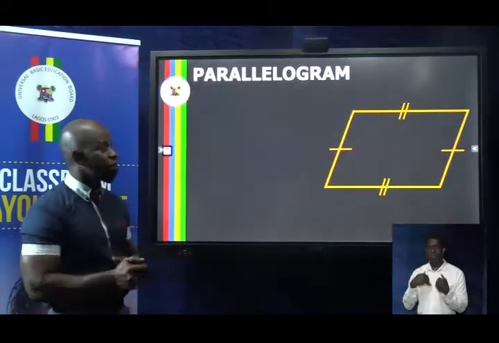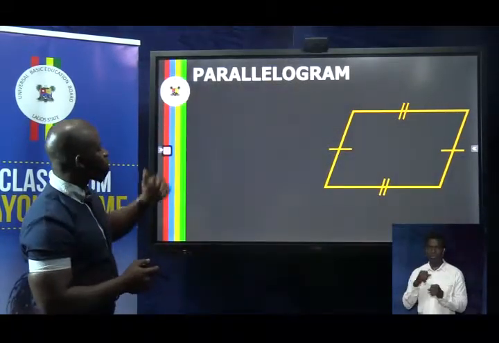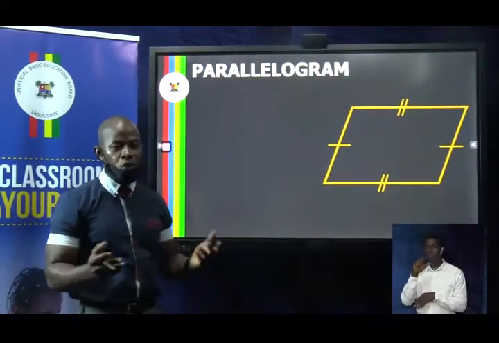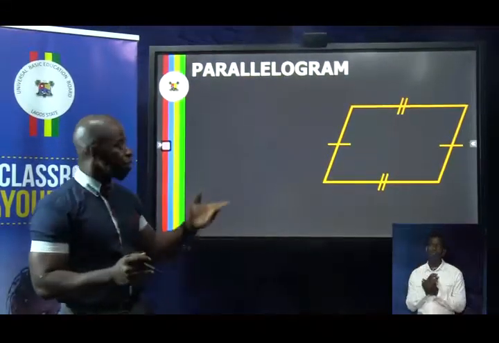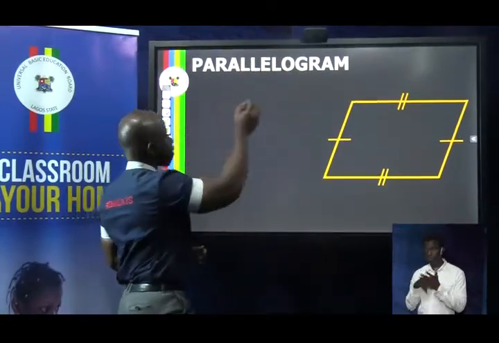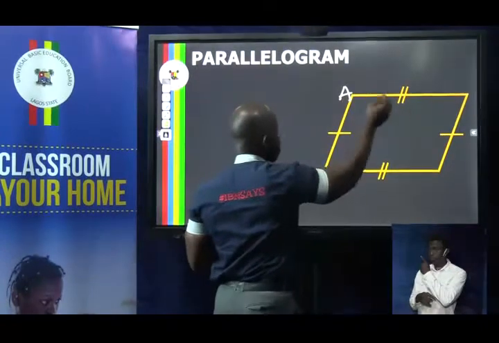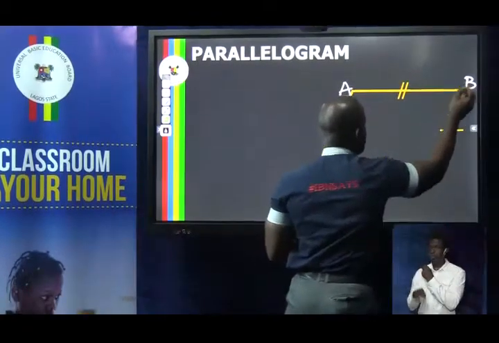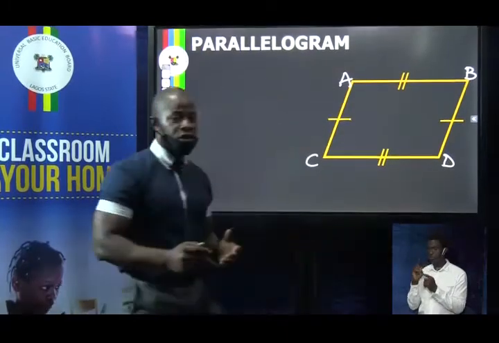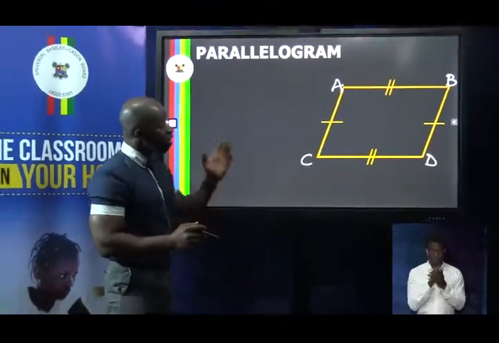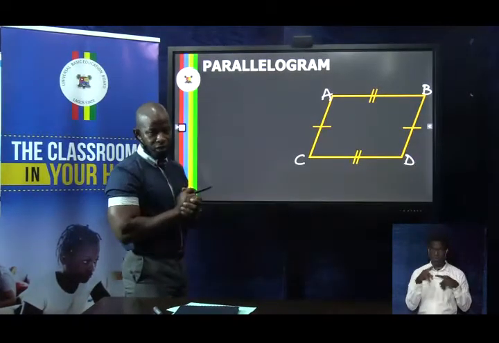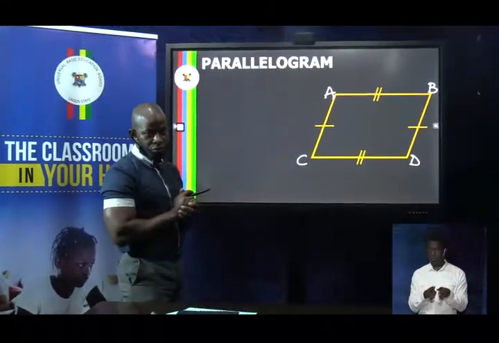Quadrilaterals with parallel sides, the first one on the list is a parallelogram. That's what we call quadrilaterals with parallel sides anyway. You will observe that if I call this point A, and this point B, and this point C, and this point D, then AB and CD are going in the same direction.